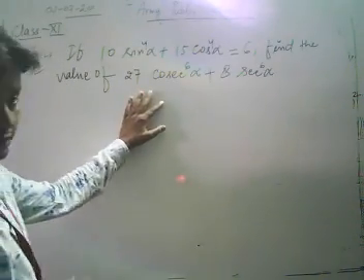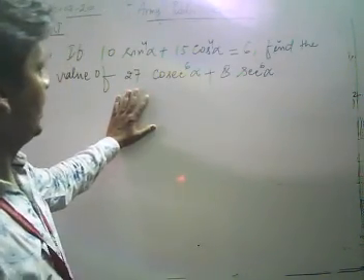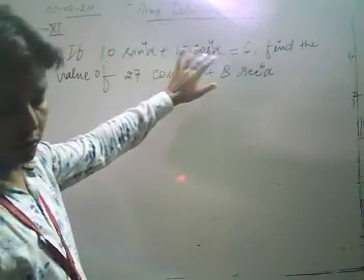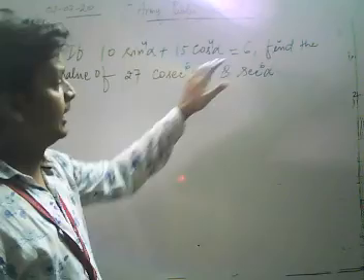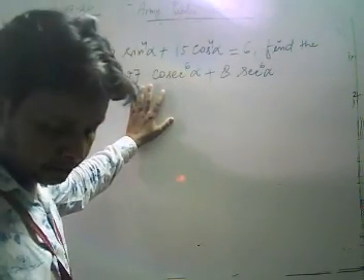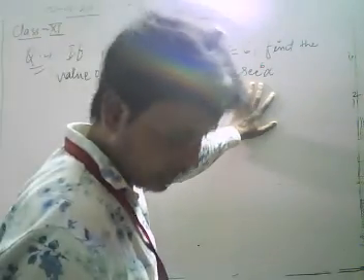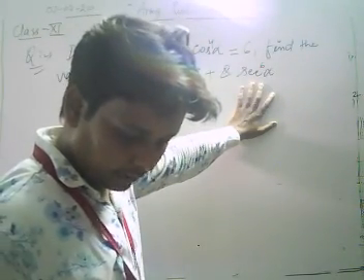This is your question. Okay, here given that 10 sin power 4 alpha plus 15 cos power 4 alpha is equal to 6. Find the value of 27 cosec to the power 6 alpha plus 8 sec to the power 6 alpha.